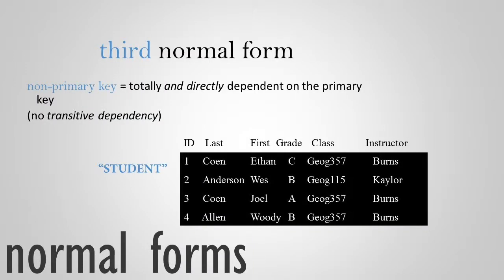The primary key here is ID, and the ID is information about Ethan Cohen, Wes Anderson, Joel Cohen, and Woody Allen, as is the grade, and as is a course that they have taken. However, instructor is not about the student. It's about the course. And in that way, it's dependent on the class and not on the student. It's dependent on a non-primary key field.